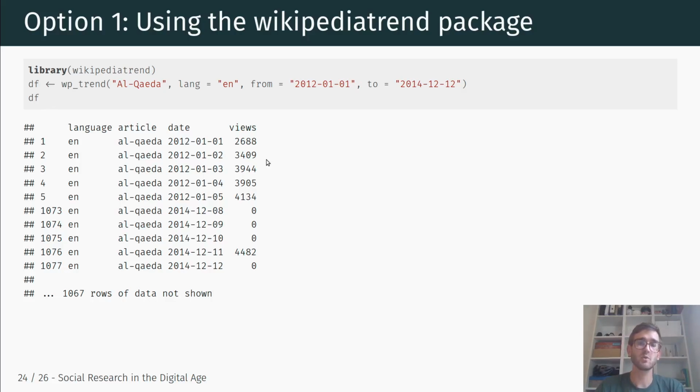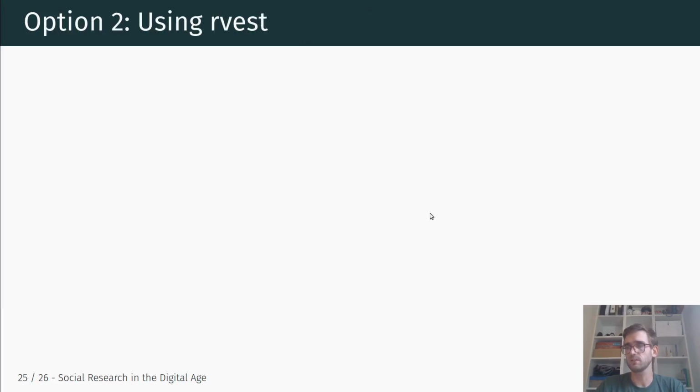That's a little bit more work, but it will also be a good learning exercise. So to the extent that you've already completed this exercise using the Wikipedia trend package, I would encourage you to try out the second option, because even though it will take a little bit more coding and a little bit more time, you will directly learn a few more techniques for web scraping, and I think that will be a useful exercise.